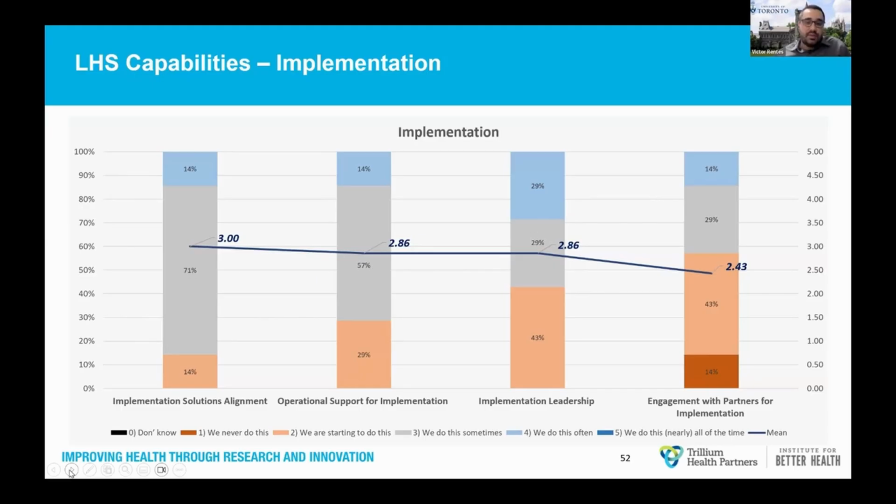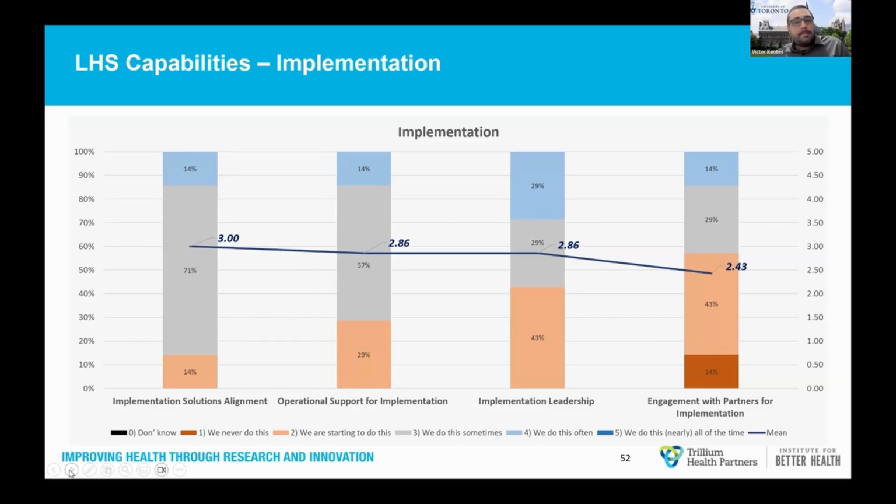So whether or not we have the expertise and available supports and staff to facilitate that implementation action and projects. And so engaging with frontline providers with that implementation expertise and providing adequate technical support.